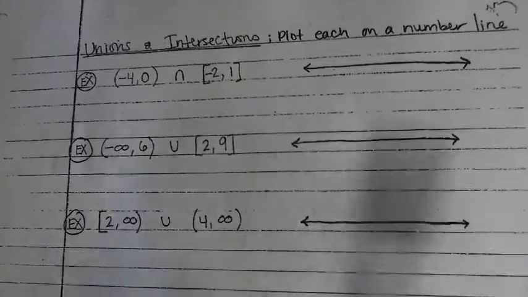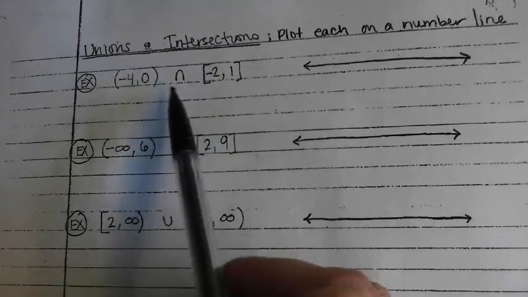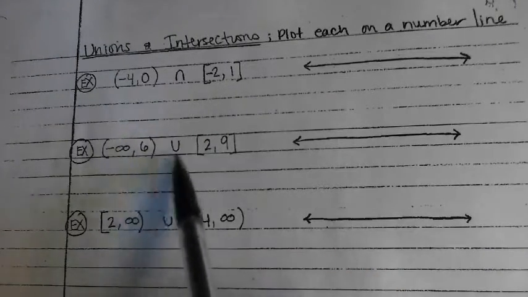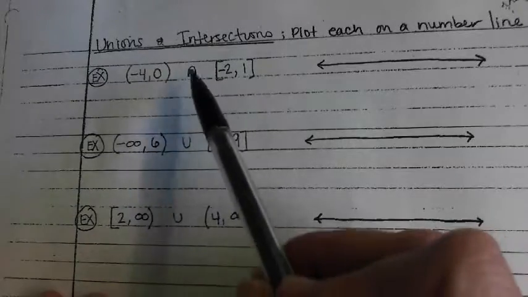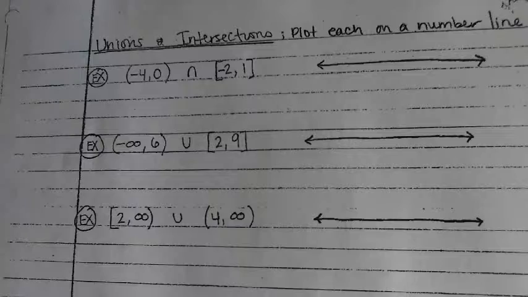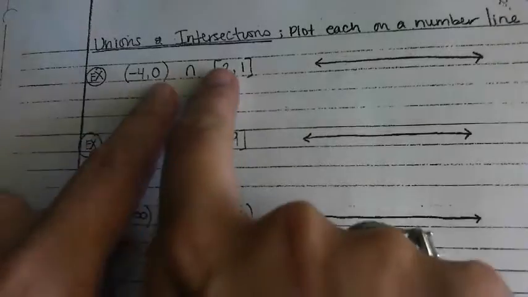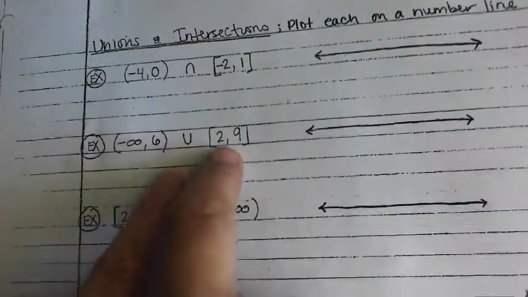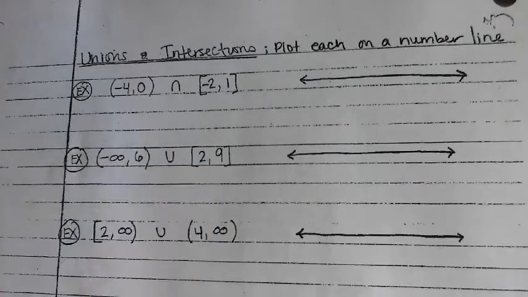So back to unions and intersections. Remember, this one means intersection, and this one means the union. So with the intersection of two intervals, you're looking for where they overlap. That's your answer. On this one, your answer is all of those combined.